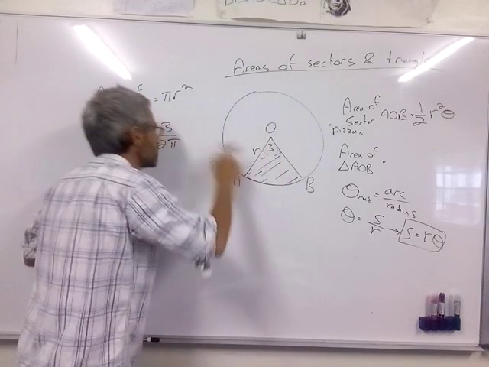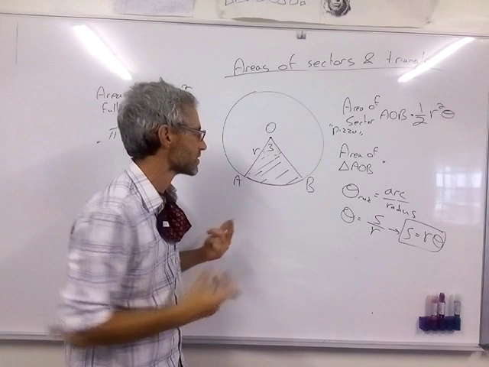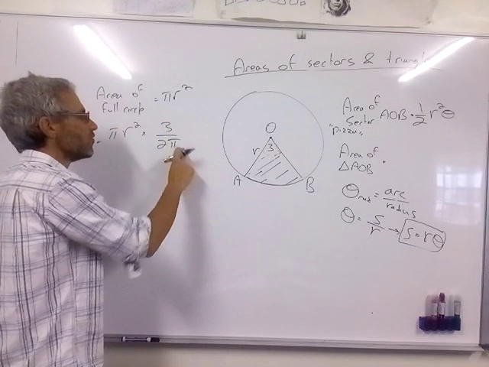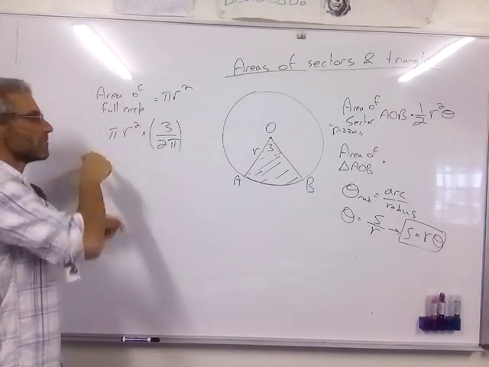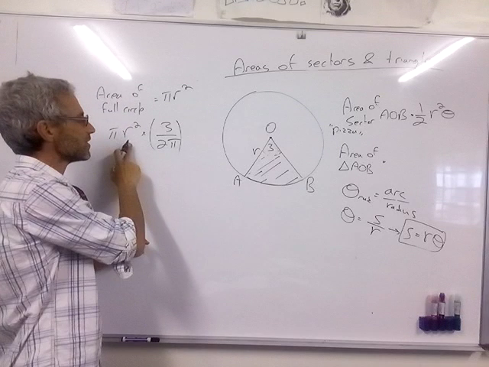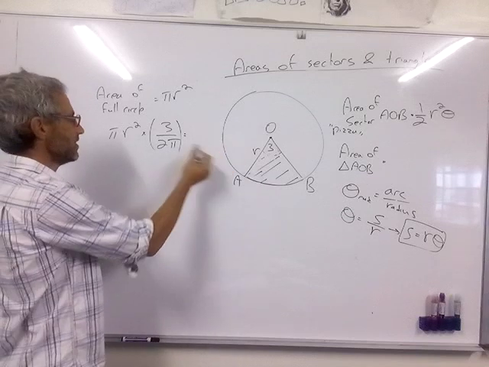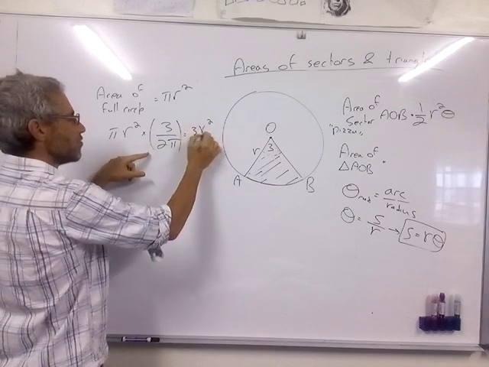The fraction of the circle is this 3 radians divided by 2 pi radians, because you remember from last lesson, in a full circle there's 2 pi. So 3 over 2 pi is the fraction of the circle, and then I just times it by the area of a full circle, pi r squared. That is going to be the area of the sector. If I rearrange things slightly, it will be 3r squared over 2.